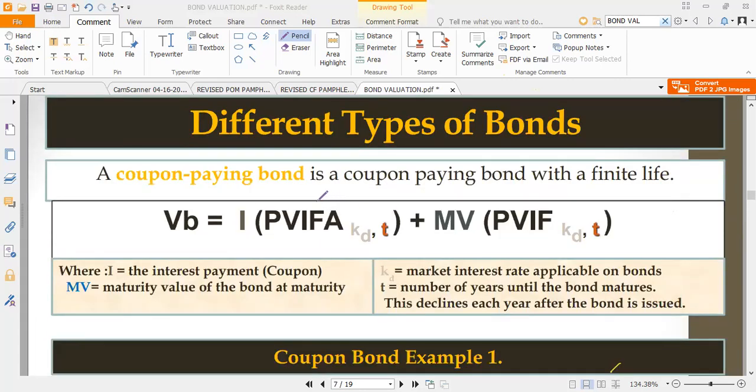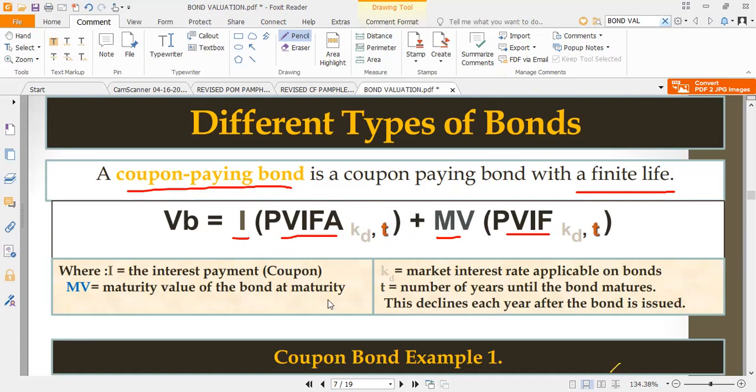We also have what is called a coupon paying bond. This coupon paying bond has a finite life. It has a defined lifespan. So the value of the bond is given by the coupon value times the annuity factor. We discussed annuities in the previous class. And here we have the maturity value, which is the face value times the interest factor.